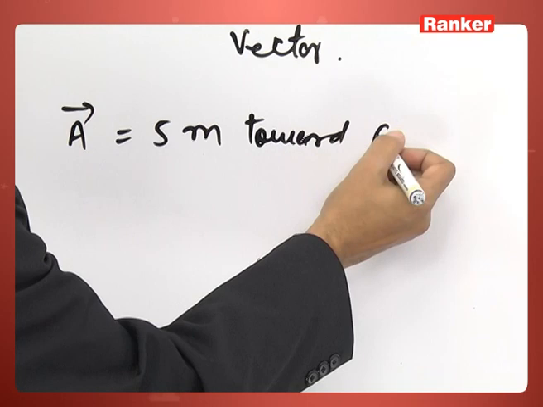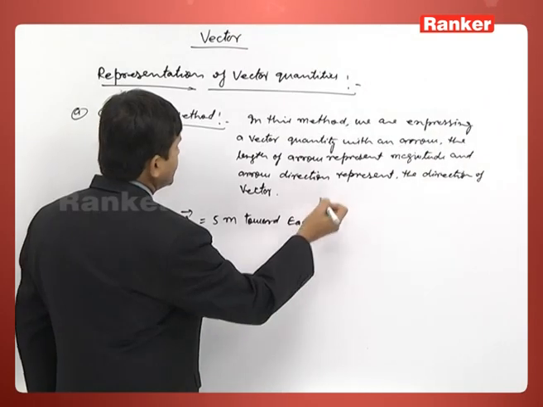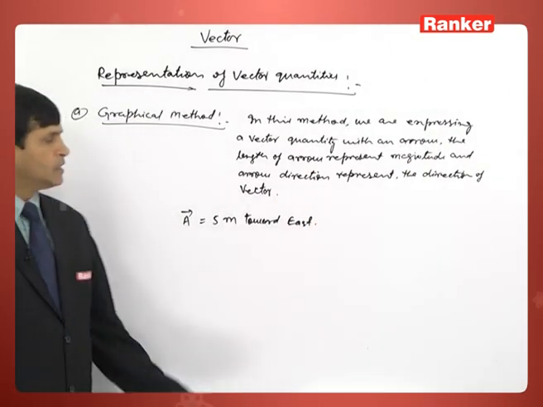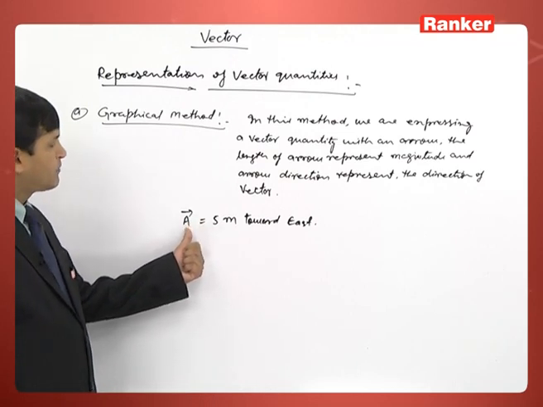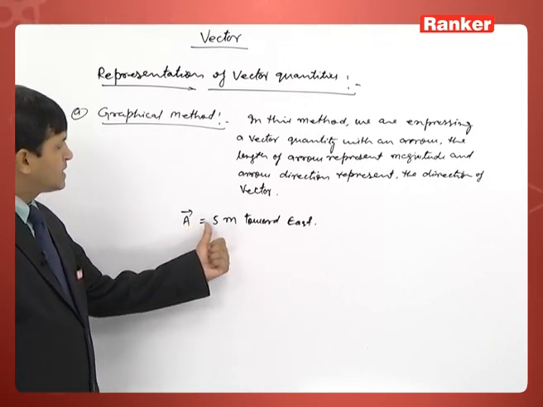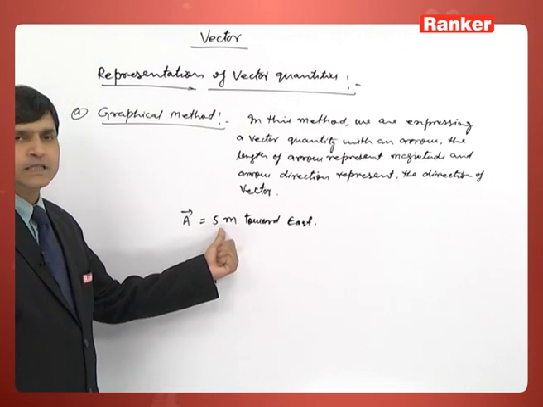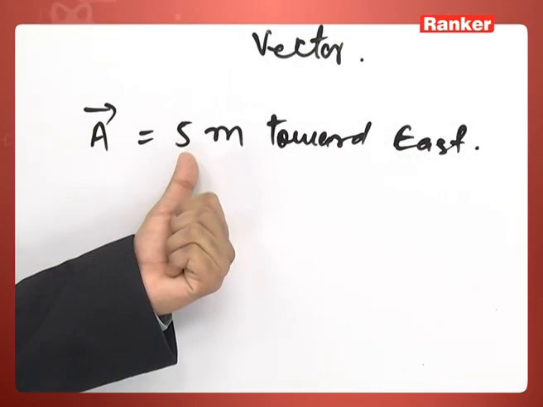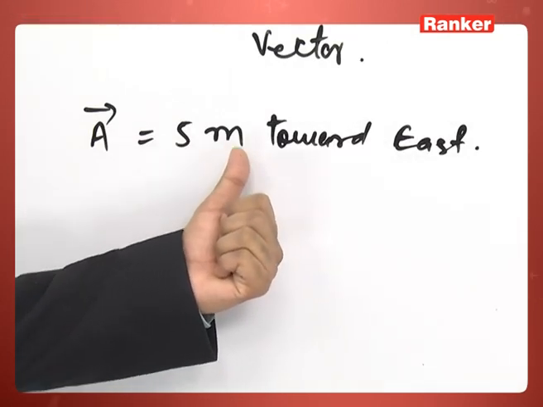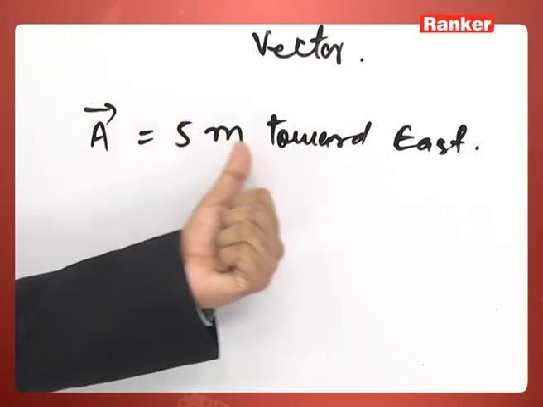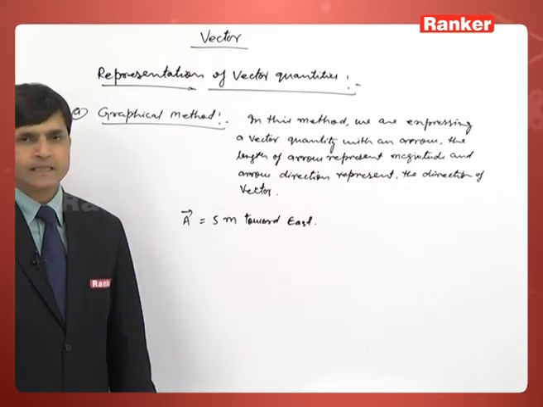First of all, representation of a vector: a vector quantity requires magnitude and unit. 5 is the magnitude, m is the unit. Now, it is also defined with a direction, towards east.